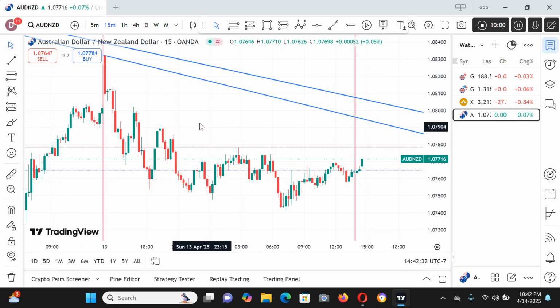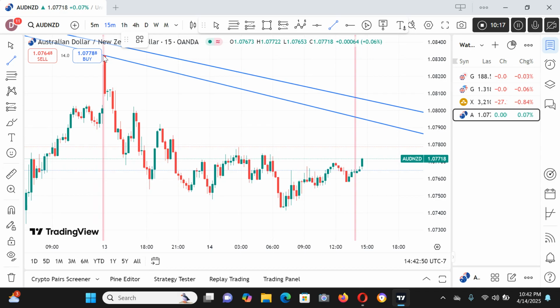I also want to believe that we can draw another trend line from here. So let's see. Yeah, I can pull out another trend line from here on the 15 minutes time frame.